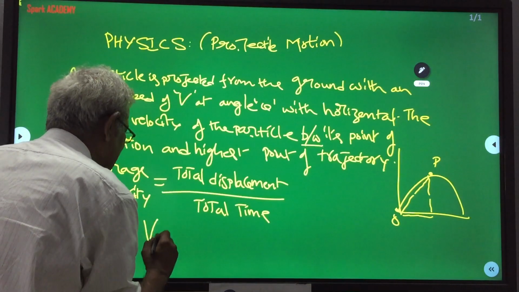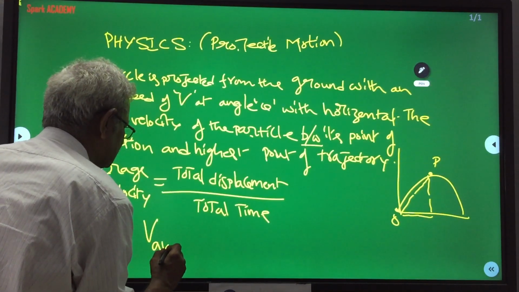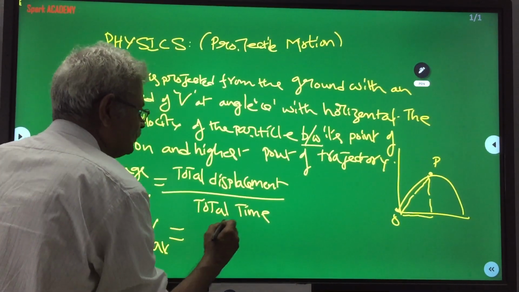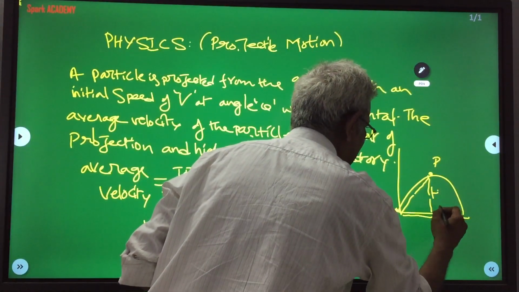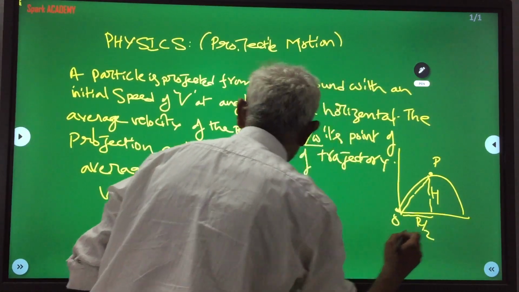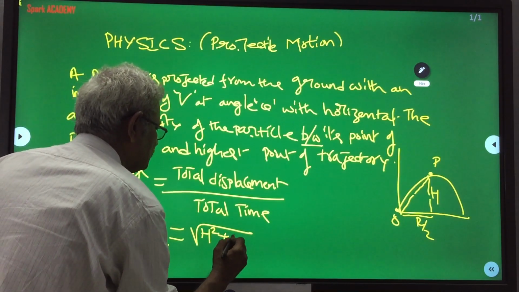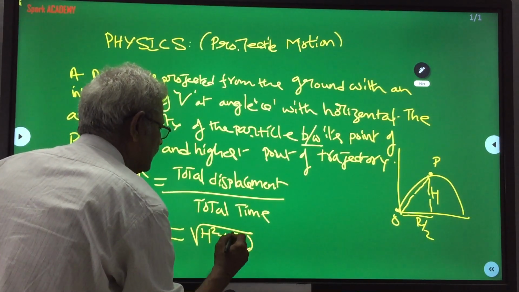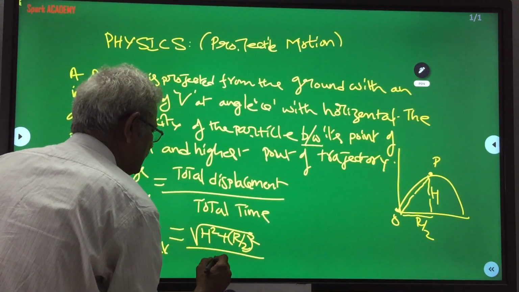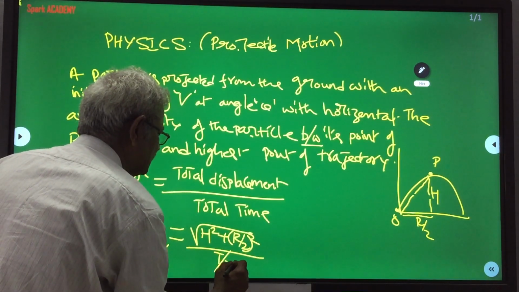So I am writing it like this. Total displacement is what? This is height and this is half of the range. So square root of h square plus (r by 2) whole square, by time of flight, how much? Half of the time of flight.